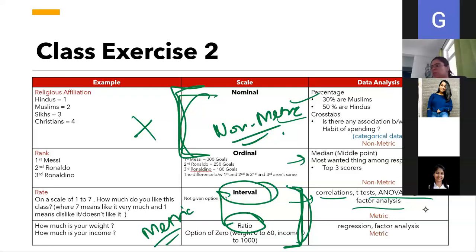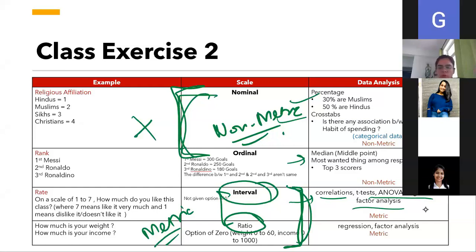So always remember, when you are framing your question, what kind of questions you are asking. Is it a ranking scale or a rating scale? You should be very clear about what exactly you want to know. If there is a regression you want to run, if you want to know the relationship between dependent and independent variable, whether advertisement is affecting sales, then the data should be captured in metric form.